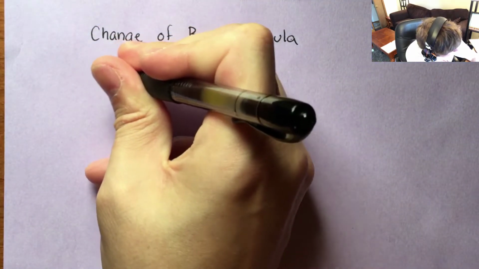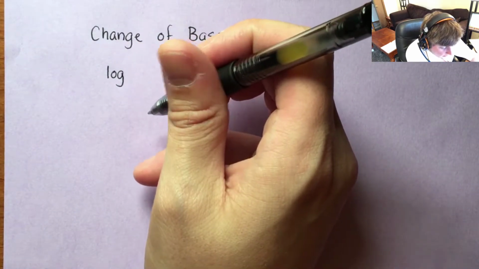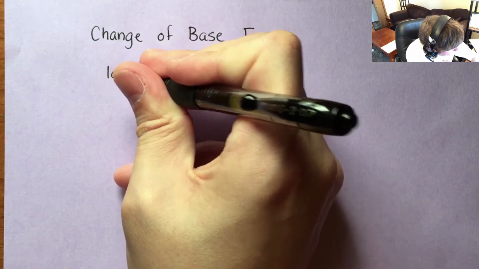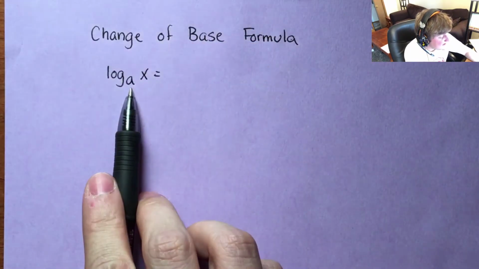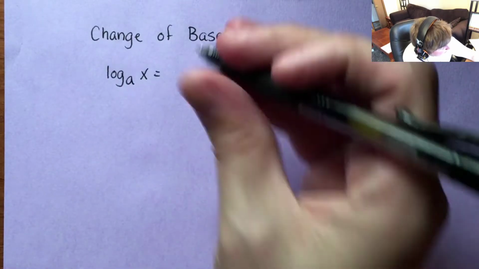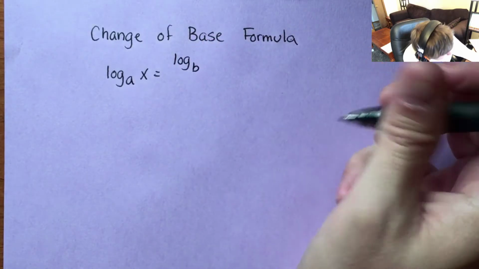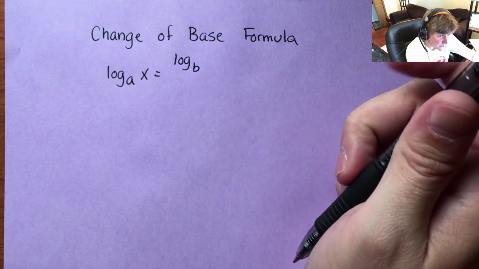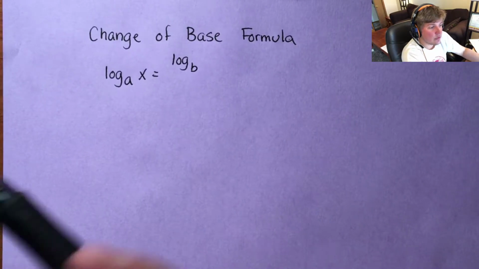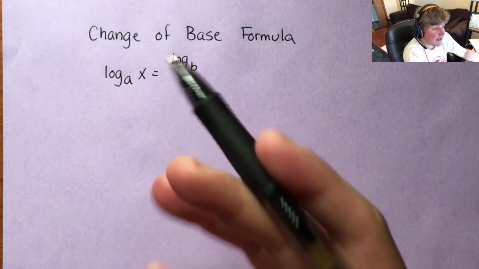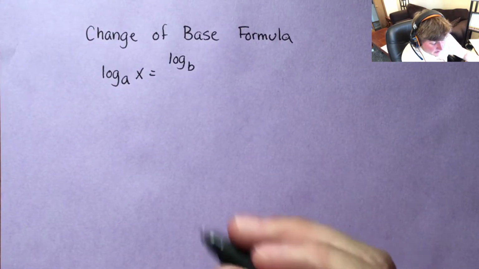So if I take a logarithm, let's say it's base a of x, really what I can do is take a logarithm of any base. Let's call it base b. So this can be any base you want. Often for our use, you're going to see base 10, but we're doing a proof and we can't just use base 10 because we want it to work for any generic base, but it will work for any generic base.